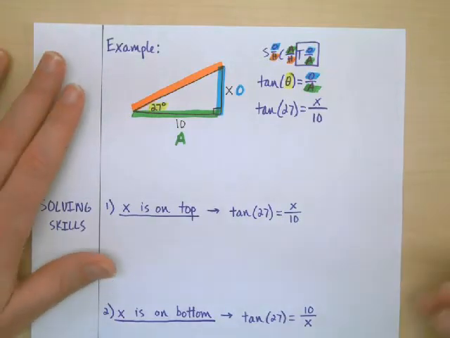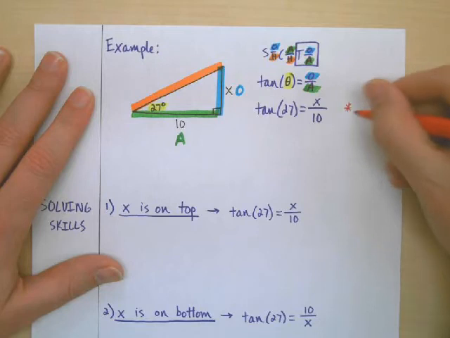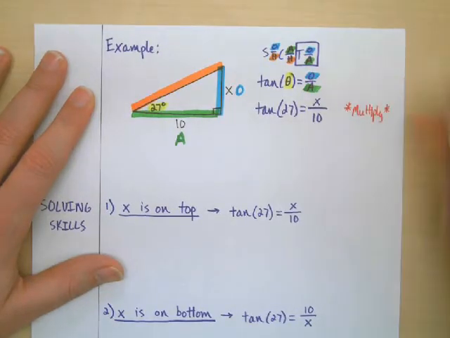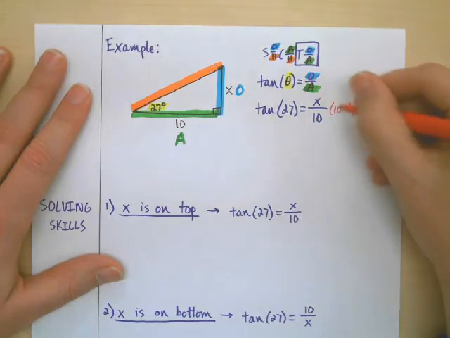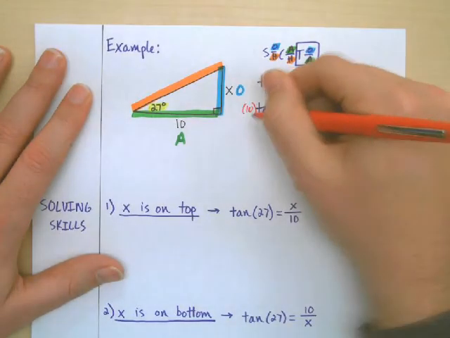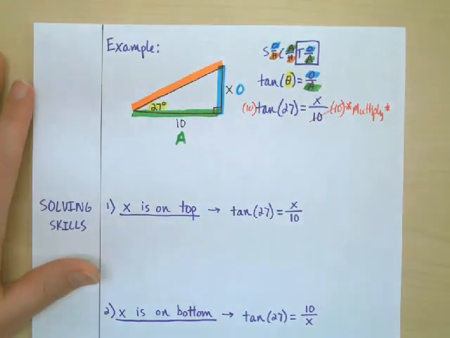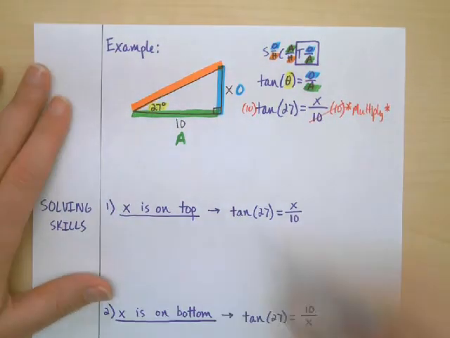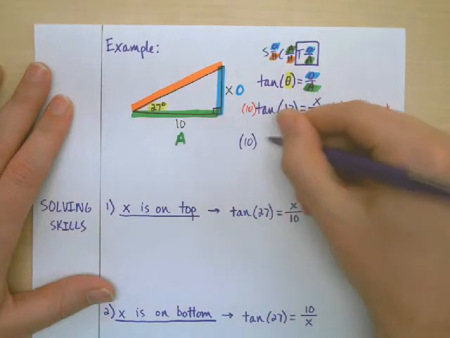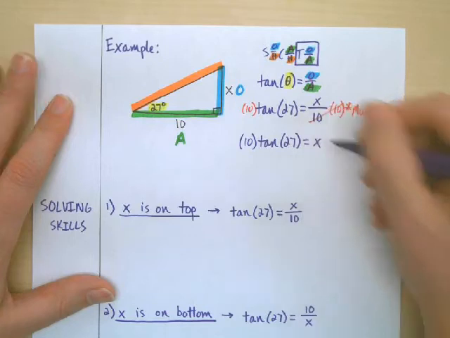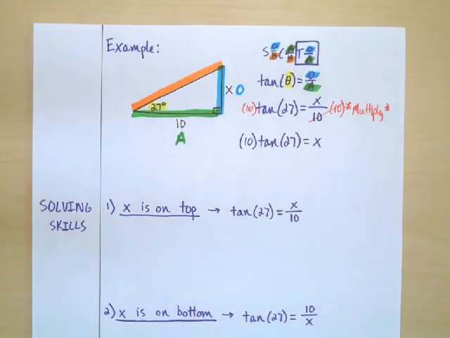Now that things are set up, we're going to solve for x. We are going to multiply by 10 on both sides. Those 10s will cancel. I'm going to write out 10 tan 27.